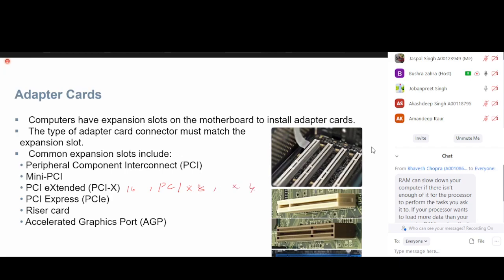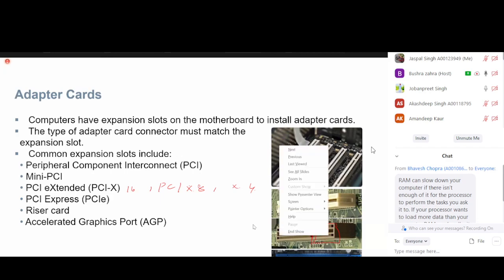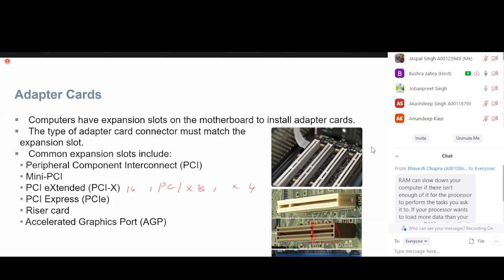Those are the different sizes, right? So one slot can install this size of card, like 8 or 5 cards. So you can have two versions.